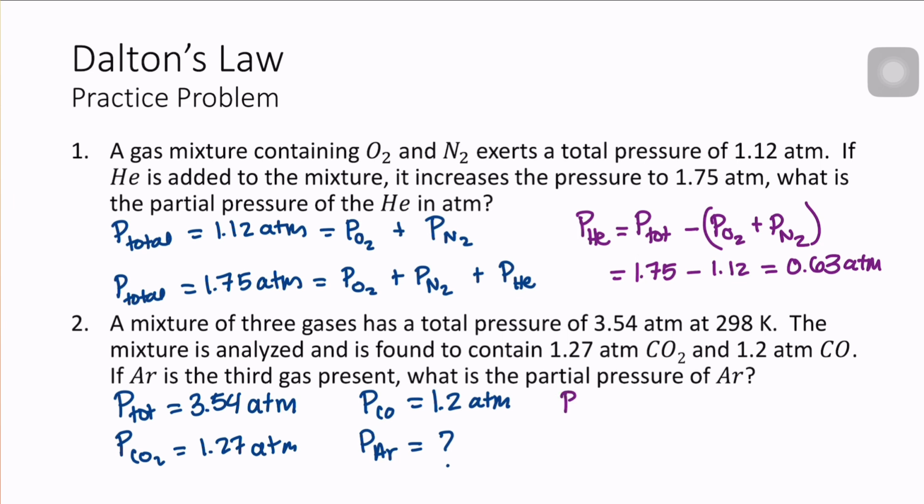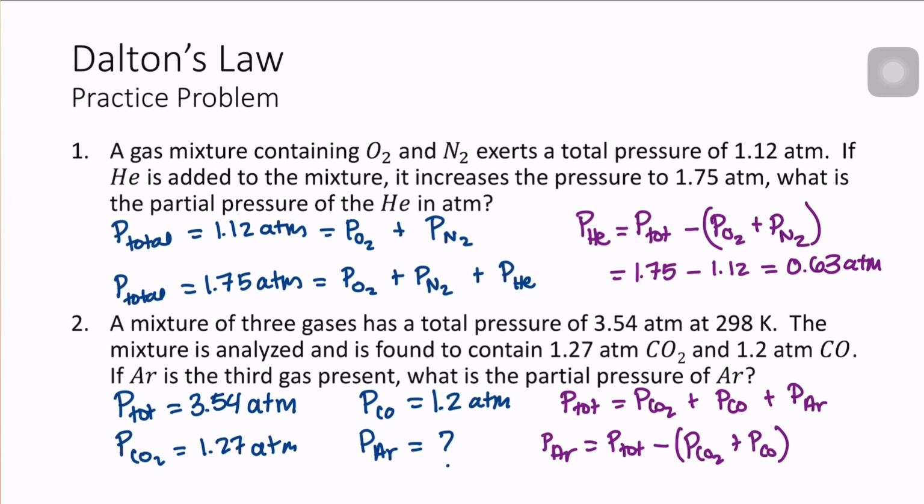I know that P total for this problem is going to be the pressure of my CO2 plus the pressure of my CO plus the pressure of my argon. So I can rearrange this to solve for the pressure of argon, and that's going to be equal to P total minus the partial pressure of carbon dioxide plus the partial pressure of carbon monoxide.